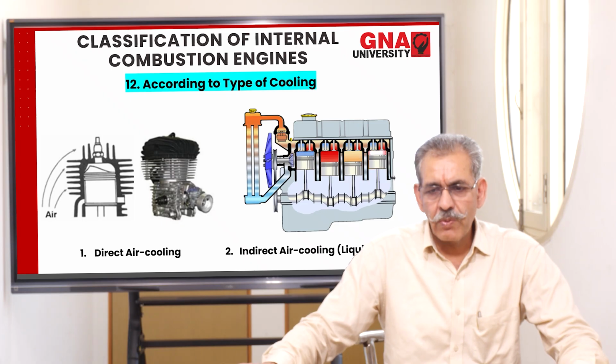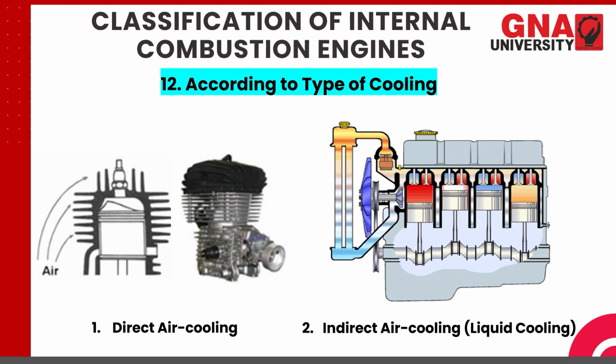The last one is the classification according to the type of cooling. You can see in this figure an engine of a motorcycle. Here fins are provided. These fins increase the surface area so that more heat is dissipated by the engine through these surfaces.